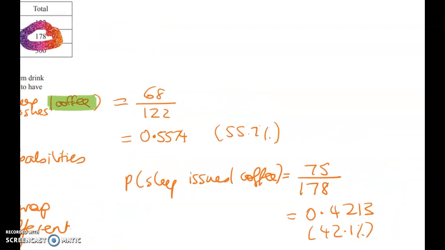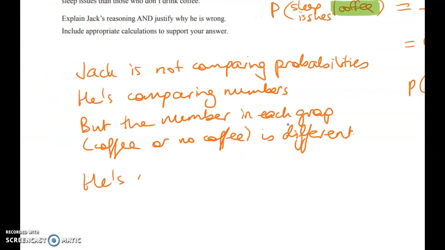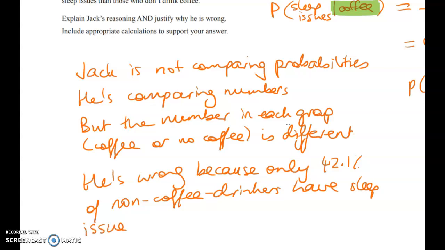So let's explain a bit more now about what Jack's done wrong. Why is he wrong? He's wrong because only 42.1% of non-coffee drinkers have sleep issues, compared to 55.7% of coffee drinkers.